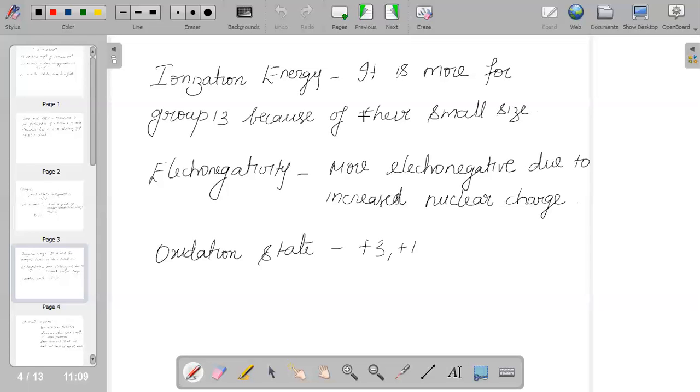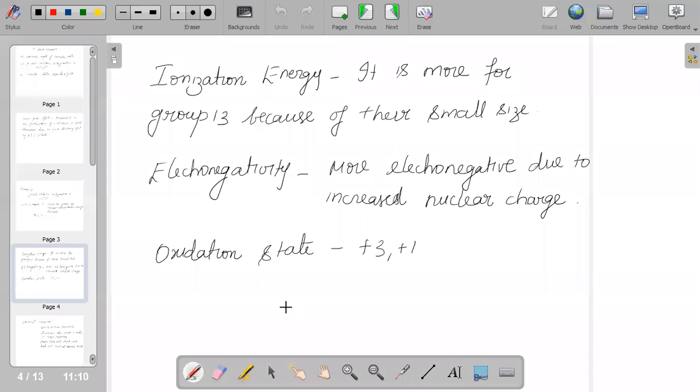And when we talk about electronegativity, if we compare group 13 with group 2, group 13 elements are more electronegative because of the increased nuclear charge. But the expected decrease down the group is not followed, and as in general, boron, aluminium, so the order goes on.